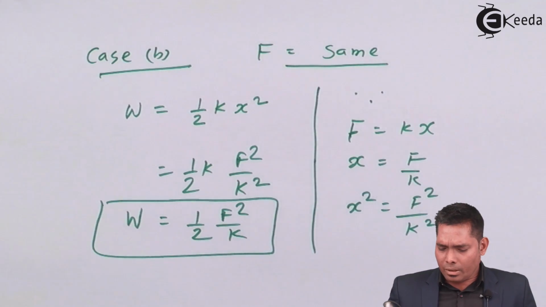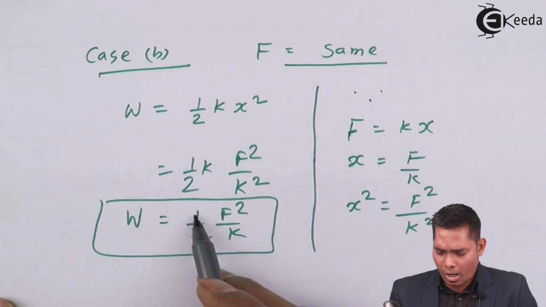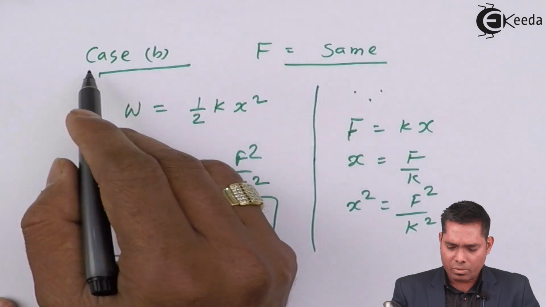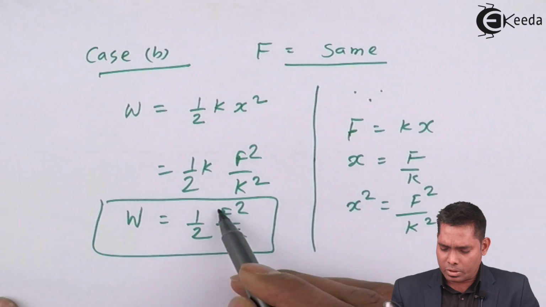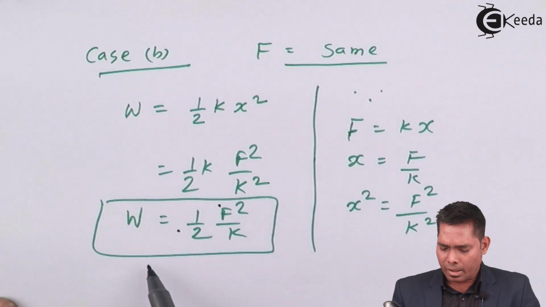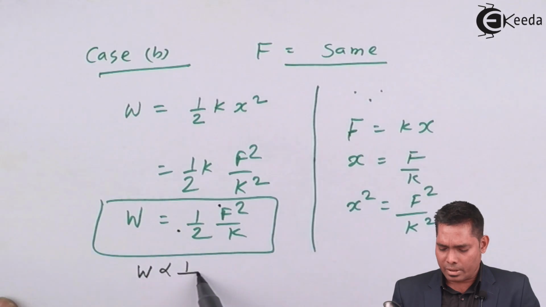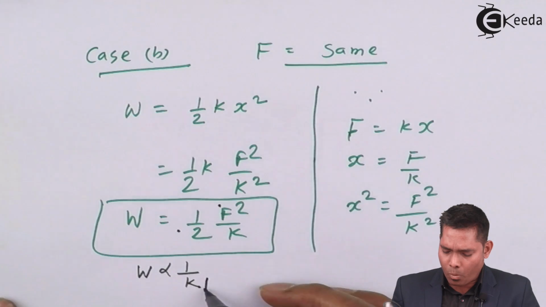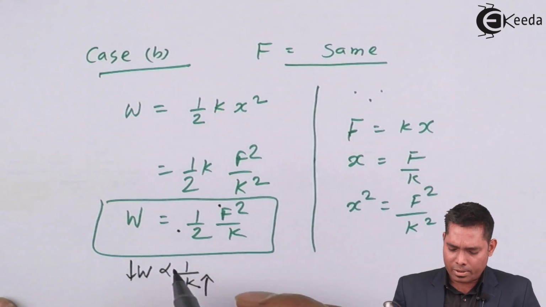So for case B, half is constant, and the force is taken as constant. In this situation force is the same, so this is a constant, and W and k are inversely related. That means if k is more, the corresponding W will be less.